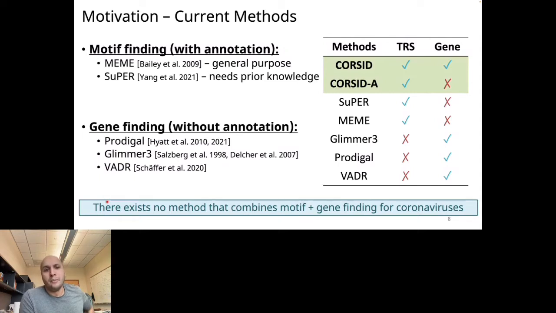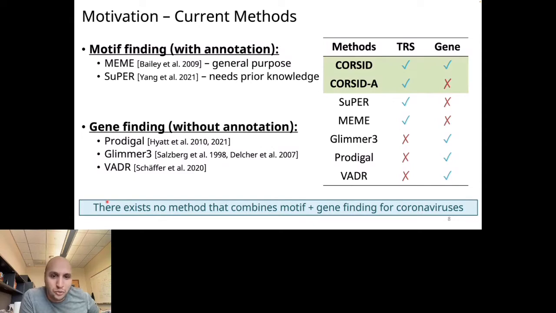And in the space of coronaviruses, there was a paper, Super, in 2021, that was specifically designed for finding motifs. But it uses a lot of prior knowledge. You need to specify what species or what genus of coronavirus you are looking at, and you also need to give it secondary structure. So that's the space of motif finding.